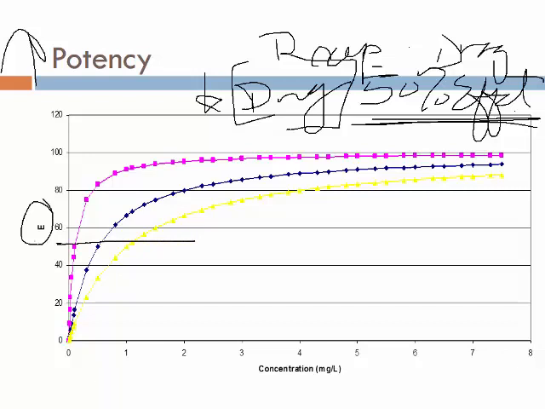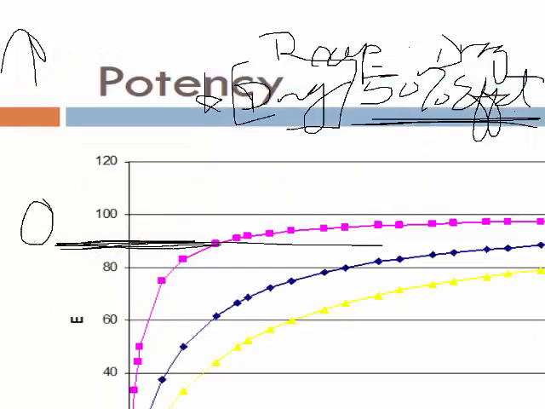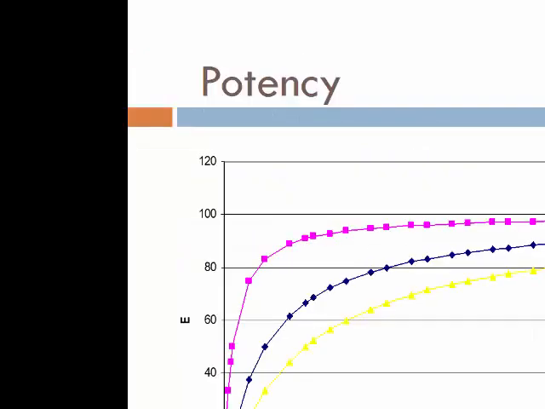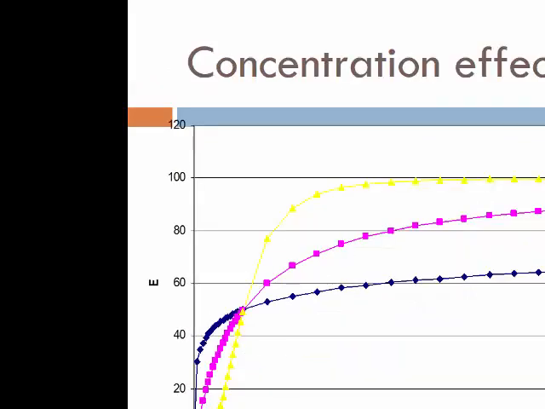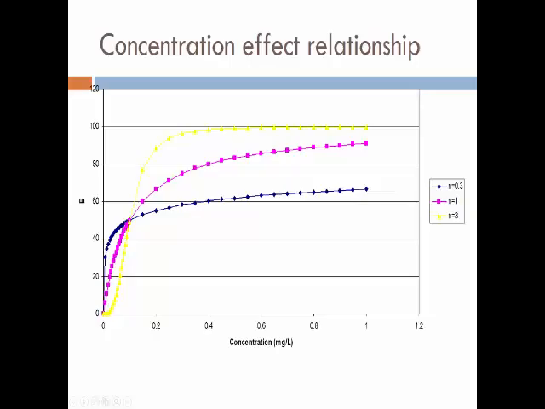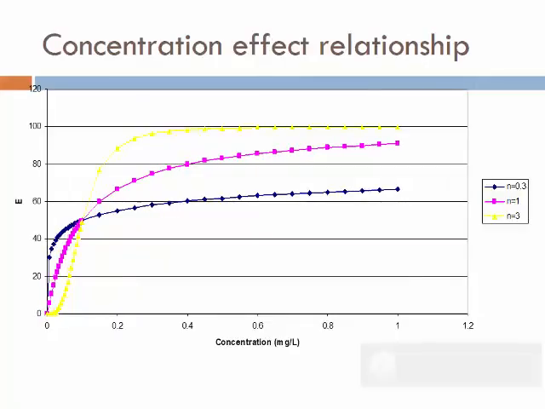So our 50% effect line is here, let's say. I'm not doing a very good job of drawing. Let me try that again. Whoopsie. Oopsie. Sorry, I'm having all kinds of problems here.